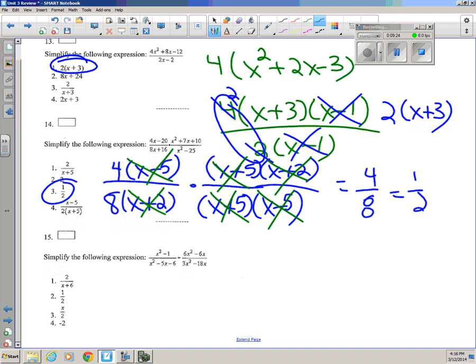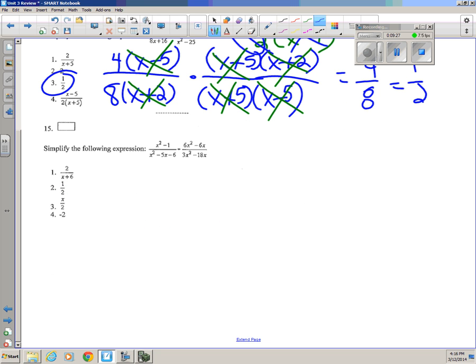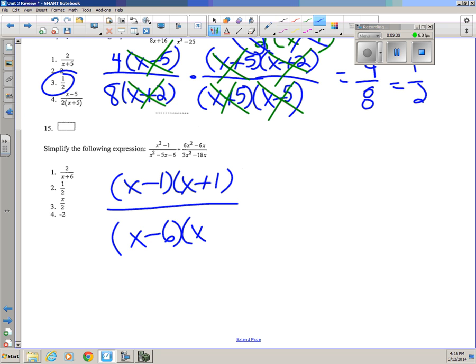Okay. Let me extend this up a little bit. This happens to be a division, maybe hard to see. Keep, change, flip. First fraction is as is, x plus 1, x minus 1. Bottom of that fraction is factored, minus 6 plus 1. Multiply. The new numerator becomes the GCF of 3x around an x minus 6.